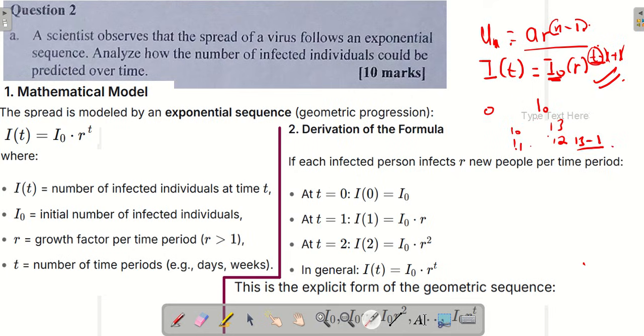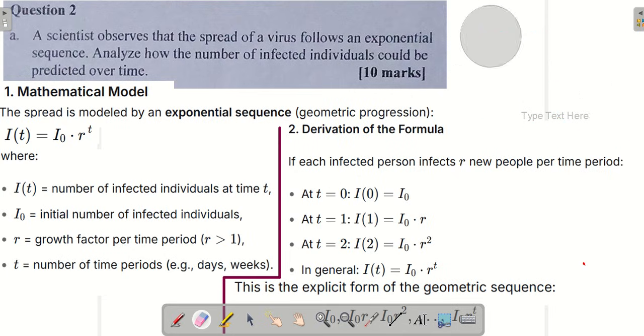So let me clear this. Back to the question. Our IT, that's the nth term, is going to be I0, that is your A, times the common ratio exponent T, because we are looking at time. Good.